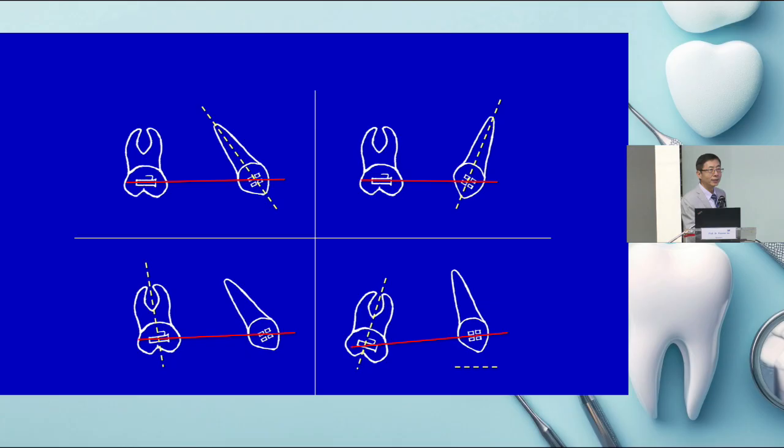This one, right? This one is approximately 0. And in this situation, which one has larger wire-slot angulation? Also this one, right? But the canine gets opposite direction movement in these two situations.